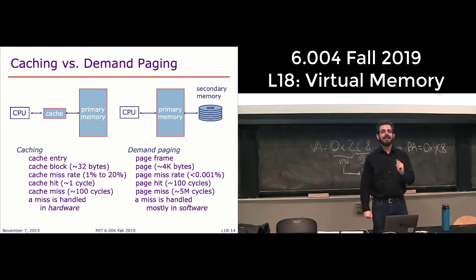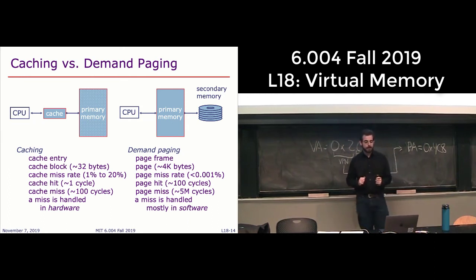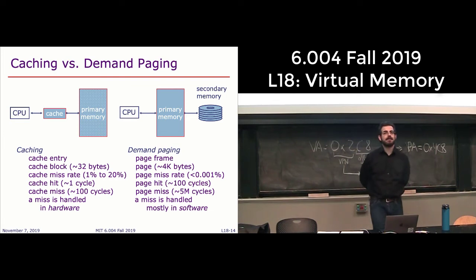However, the key thing to remember is that the difference between caching and demand paging is that all the design decisions in demand paging are driven by the huge cost of each miss. A miss from a hardware cache into main memory is going to take about 100 cycles in modern technology, which may sound like a lot, but it's not actually that much, at least in comparison to what happens if you have to fetch the page from disk, when you spend about 10 milliseconds or 5 million cycles.